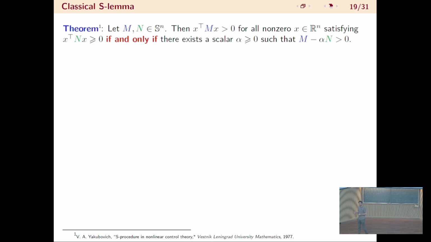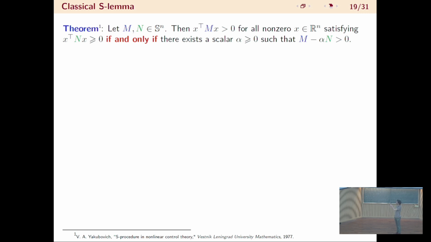So imagine someone enters this room with two quadratic inequalities, with these two matrices M and N, and wonders when all solutions to one of these quadratic inequalities are also solutions to this other quadratic inequality. Then you would say, I have no idea. How would I verify that? That's not clear. But what Jakubowicz managed to prove was that, in fact, that's equivalent just to a linear matrix inequality, right?